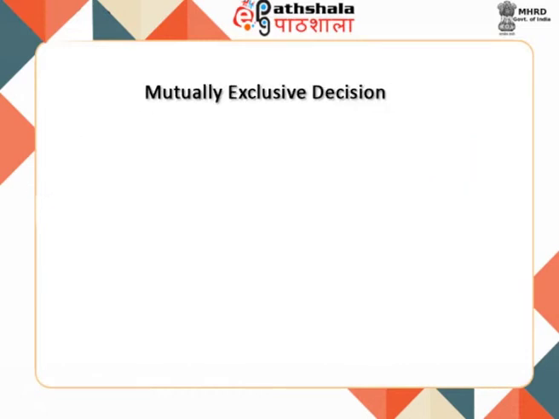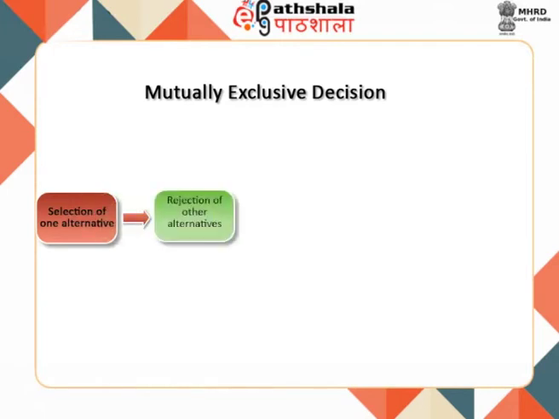Mutually exclusive decision. These are decisions whereby the selection of one alternative automatically results in the rejection of the other alternative or alternatives. Under this situation, there are various ways available for using given resources. For a student, whether to attend the lecture or watch a movie is a mutually exclusive decision.